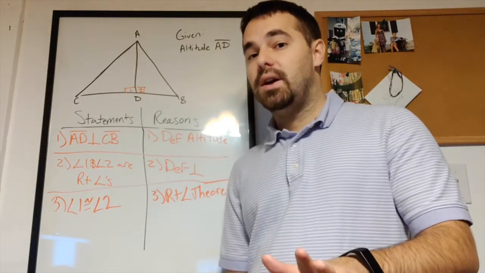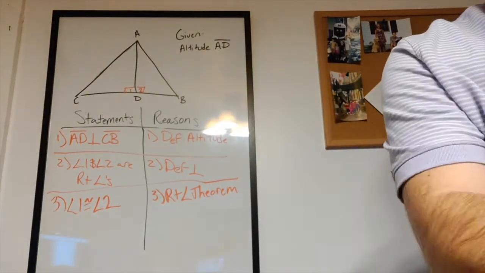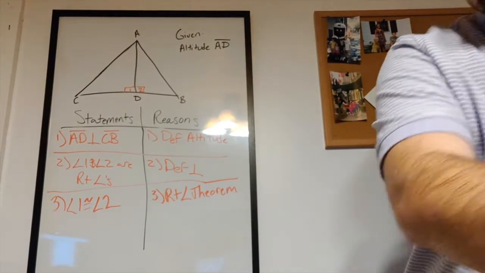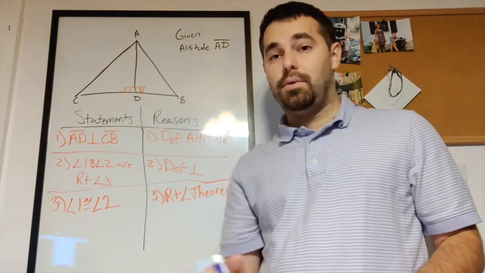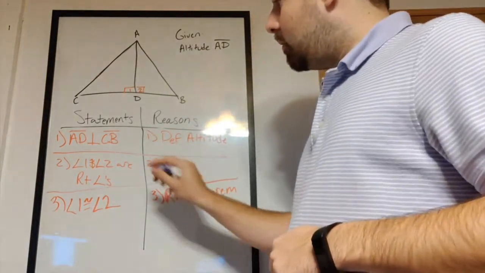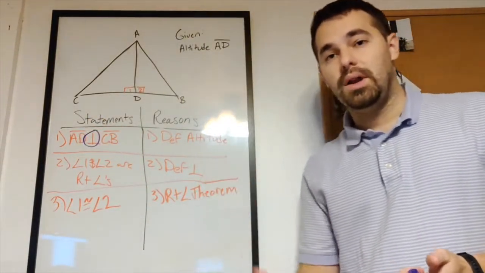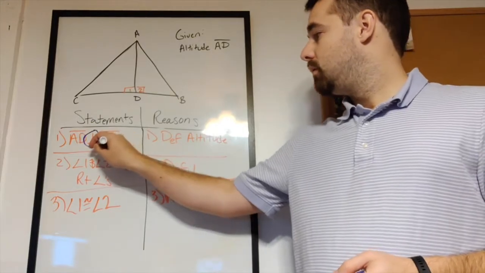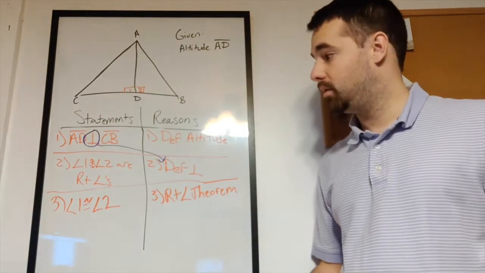I do want to take just a moment to draw your attention to this pattern that starts to emerge. This is going to happen time and again throughout all of our proofs this year, where we make a claim, something like this perpendicular, and that becomes our reason for the next step.